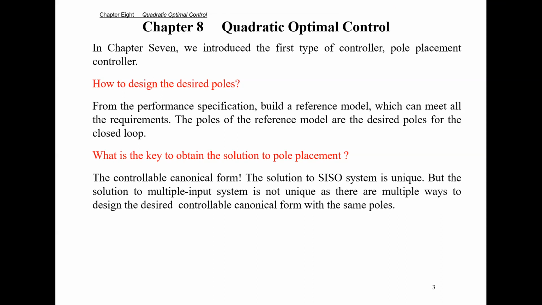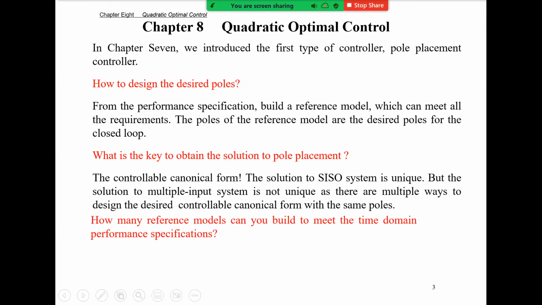But for the single input case, there is only one controllable canonical form. For the multiple input case, there may be multiple ways to design the desired controllable canonical form, and they will share the same poles. That is the reason that for the single input case you only have one solution, but for the multiple input case you may have multiple solutions.